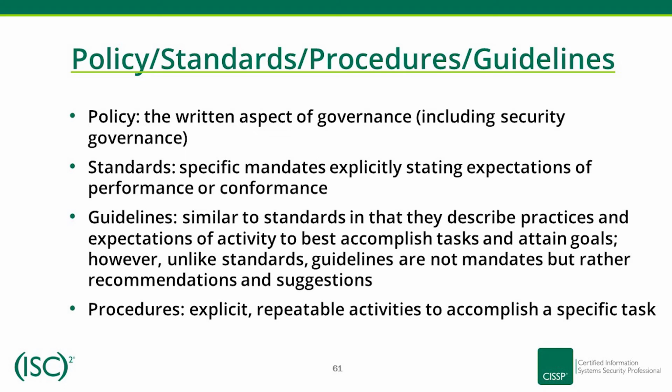Standards: specific mandates explicitly stating expectations of performance or conformance. Guidelines: similar to standards in that they describe practices and expectations of activity to best accomplish tasks and attain goals. However, unlike standards, guidelines are not mandates but rather recommendations and suggestions. Procedures: explicit, repeatable activities to accomplish a specific task.